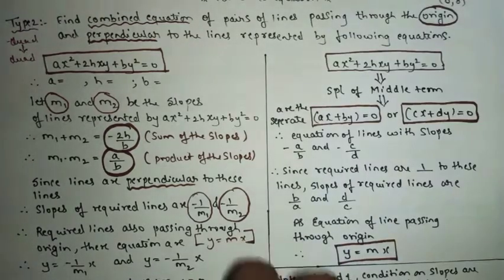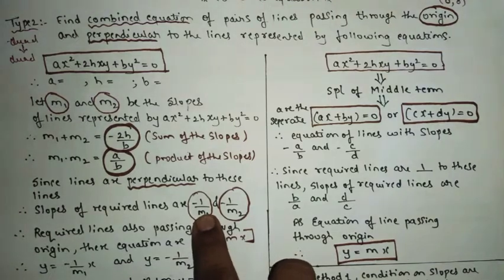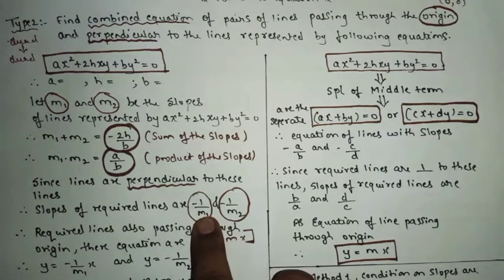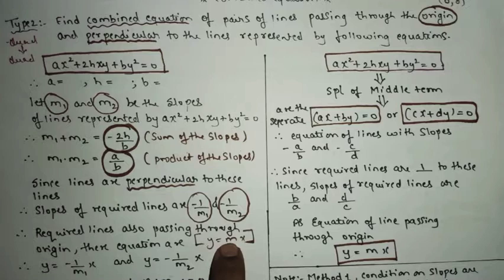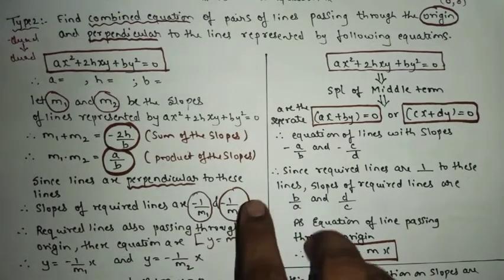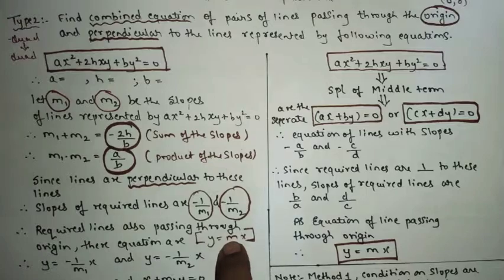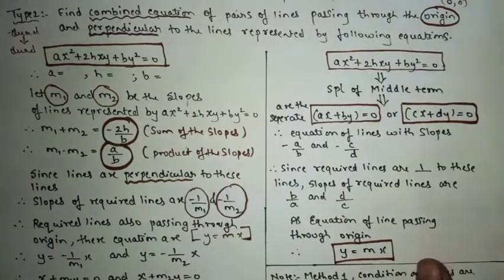Now, m is what? For the slope of the first line it is minus 1 upon m1, so y equal to minus 1 upon m1 x. The slope of the second line, as it is perpendicular, is minus 1 upon m2, so we replace m with minus 1 upon m2.